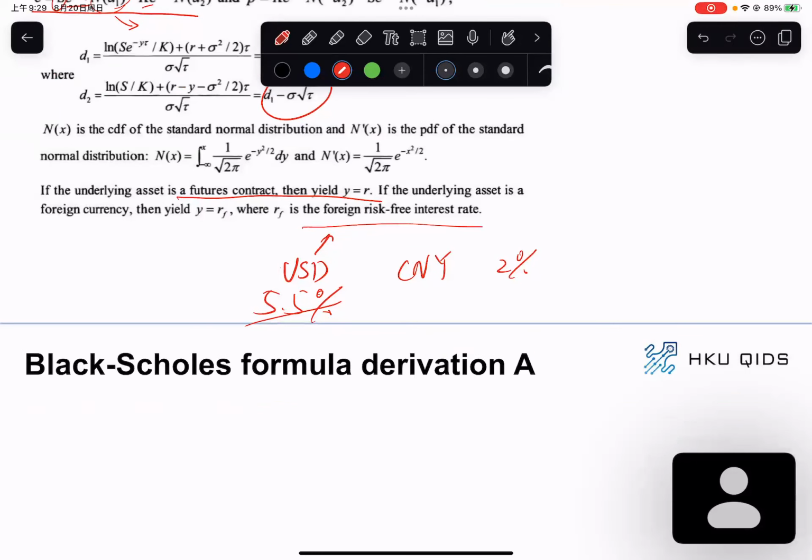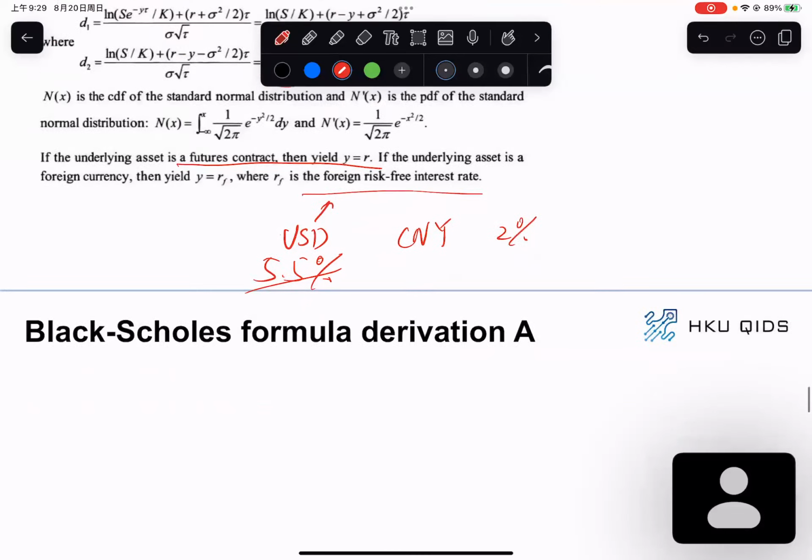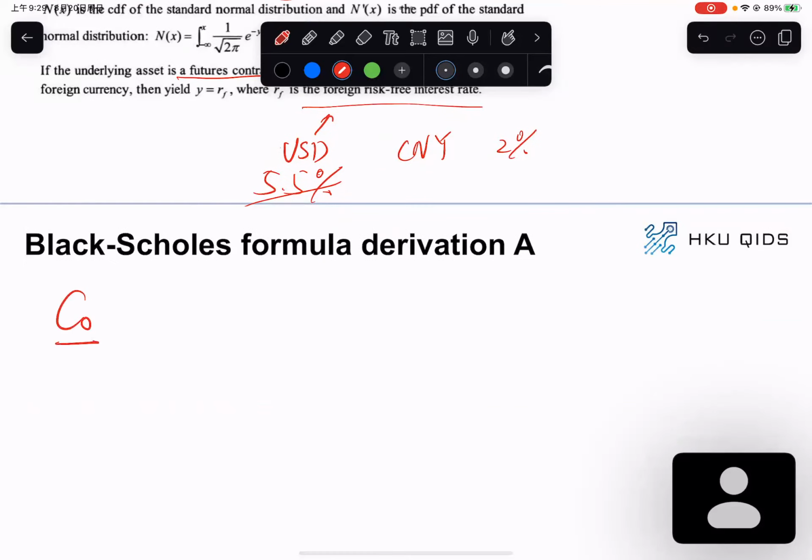And how can we derive this one? The derivation is actually quite simple. So as I just told you, we just need to put in the call. So the call's value at initial stage should be what?